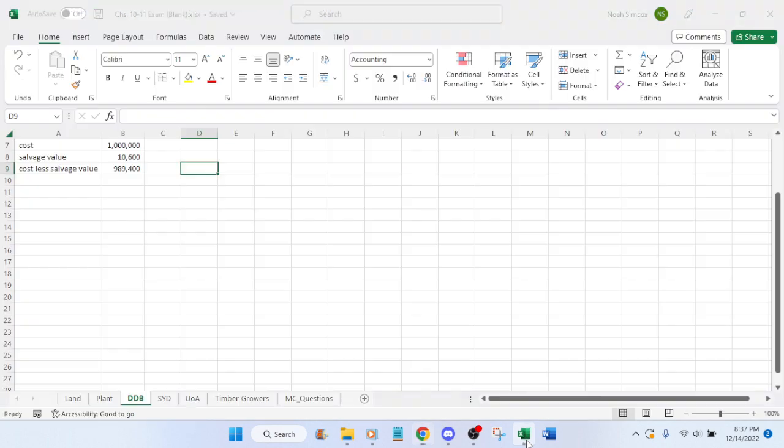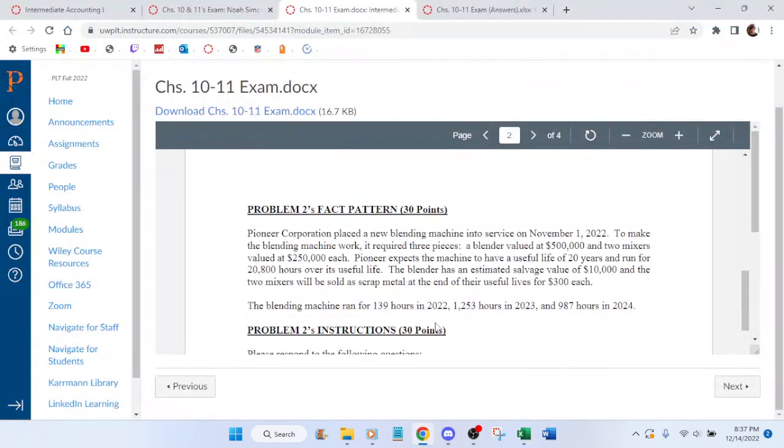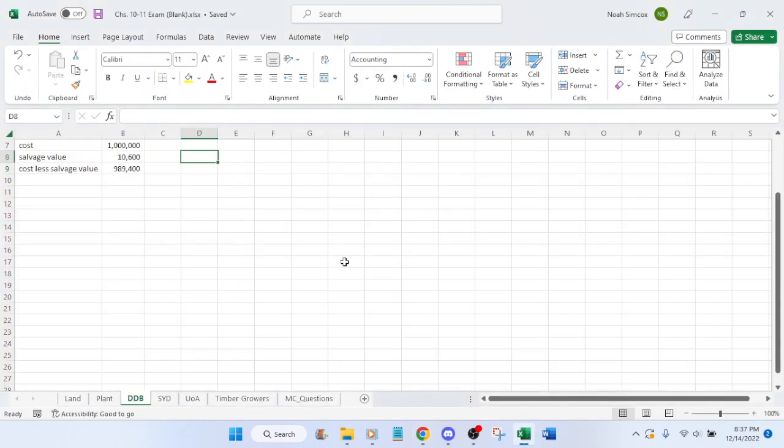So here's an easier way to do this. 2024. Wait, where did it start? November 1st, 2022. So this was very weird how I did this.